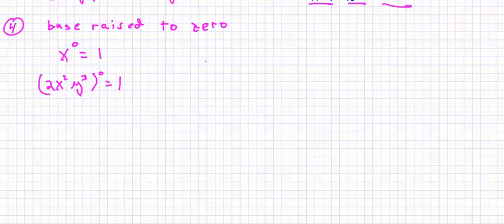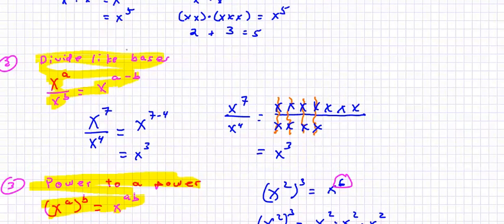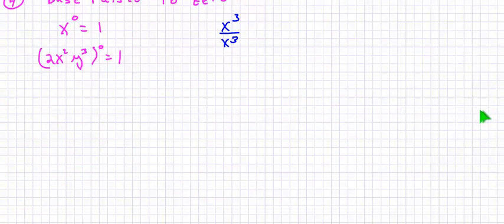Now, why is that? Anything raised to a 0 is 1. Well, if I had x to the third over x to the third, our second rule about division would say you would take the exponents and subtract them. So this is equal to x to the 0 power.